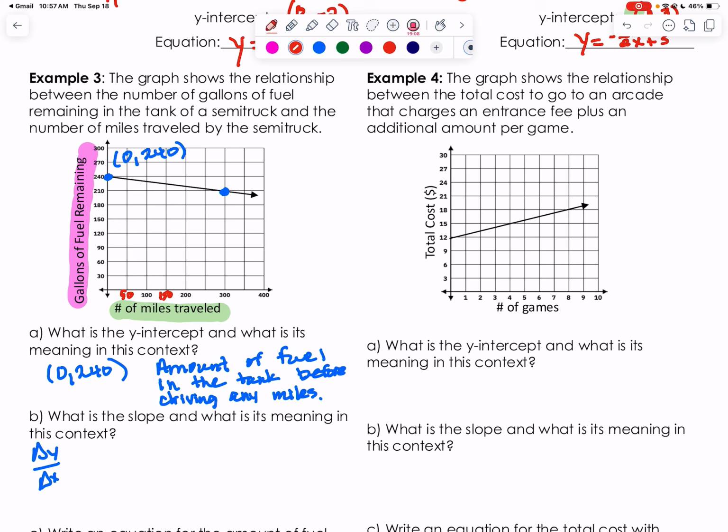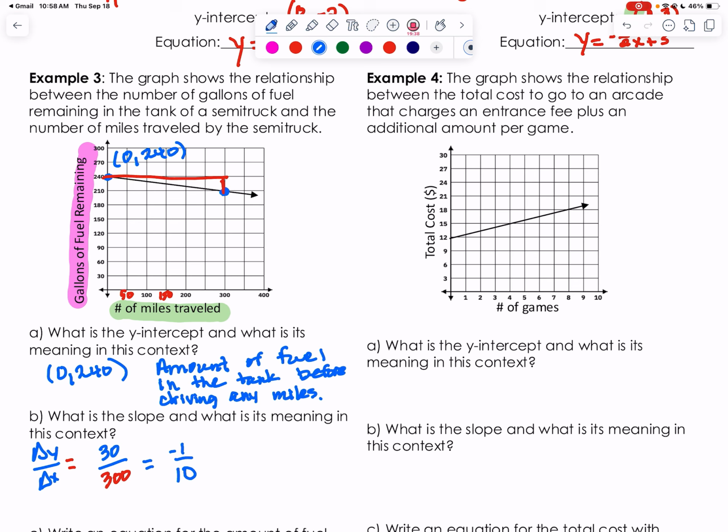So if I connect these with the right triangle, do you see that I'm going up 30 units? Okay. Then I'm going to the left 300 units. And if you reduce that, that will reduce to negative 1/10.